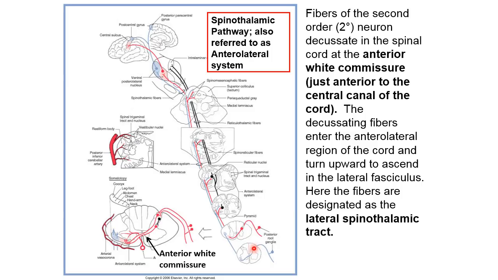They might travel up or down in Lissauer's tract a couple of segments, but then synapse on secondary neurons which travel across the midline in the anterior white commissure, seen here, and then occupy this anterior lateral position and stay in that position all the way up through the spinal cord, and stay in a lateral position right through the brainstem until they get up to the thalamus, synapse in the ventral posterior nucleus of the thalamus, and from there neurons travel up to the postcentral gyrus.